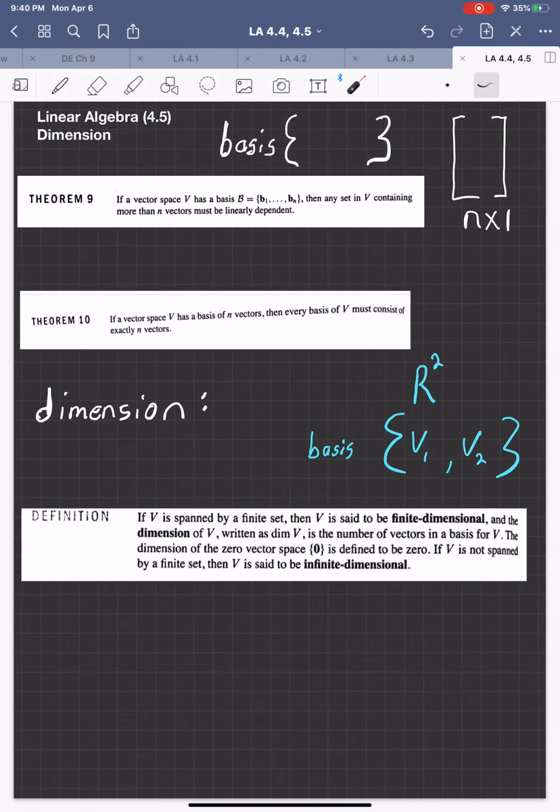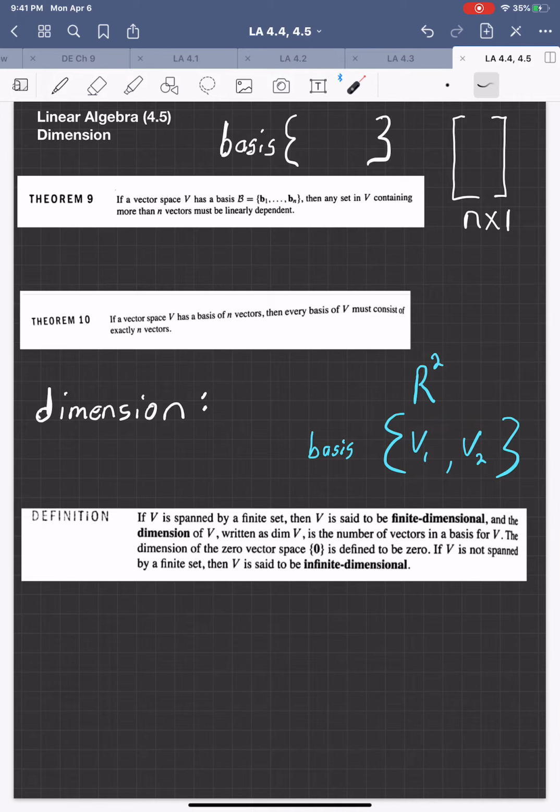Now, obviously a basis is a set, right? And so just some language here. When you discuss how many elements are in a set, for example, the set that I've written here has 2 elements, we would say that the cardinality of the set is 2.